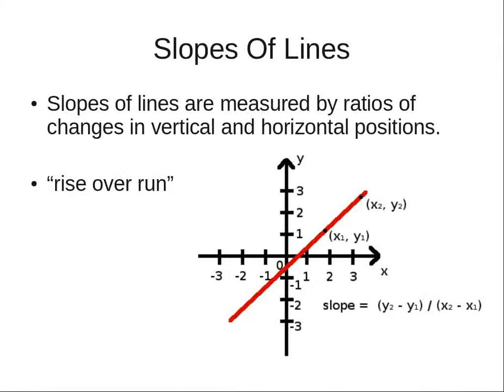Look at the diagram. What you can do to calculate the slope of a line is take any 2 points. It doesn't matter what 2 points you select on the line as long as they're not the same point. Then pick one point to be the first one, pick another point to be the second one, find the difference in the y values, divide that by the difference in the x values. That will be your slope. Okay?